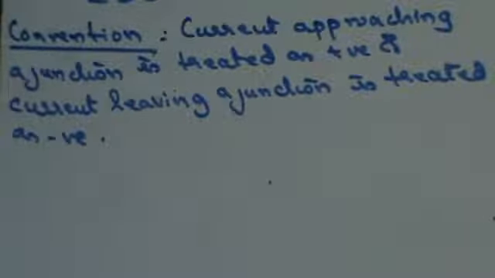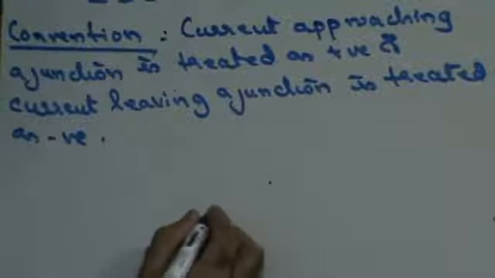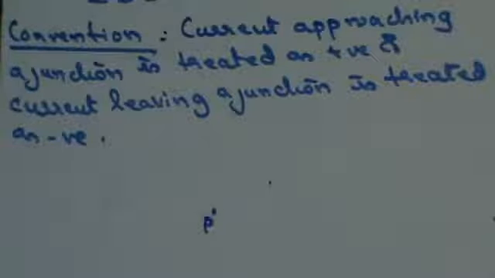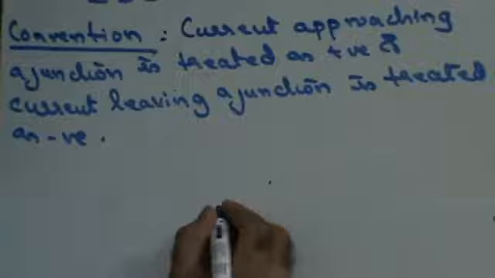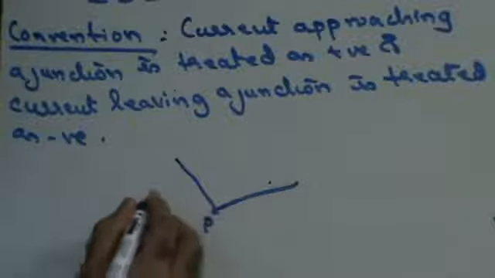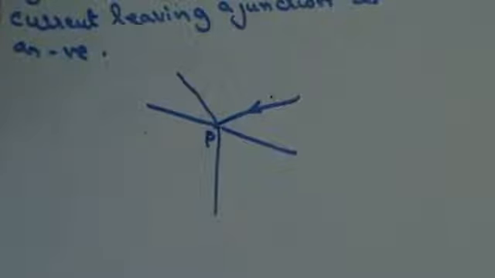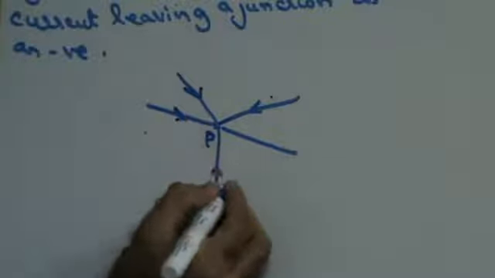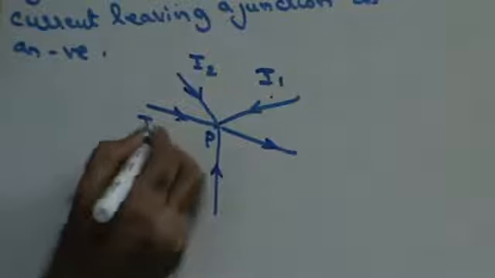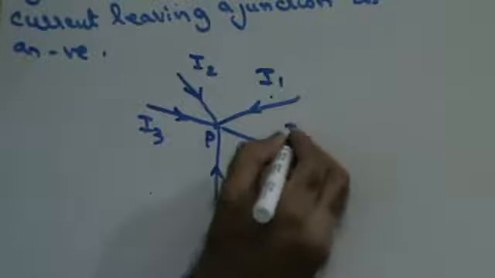Let's illustrate this with a diagram. Suppose I have a node P, a point where two or more conductors meet. Let's assume multiple conductors meet at this point, with multiple currents coming in and going out. Let's assume these are currents I1, I2, I3, I4 and I5.